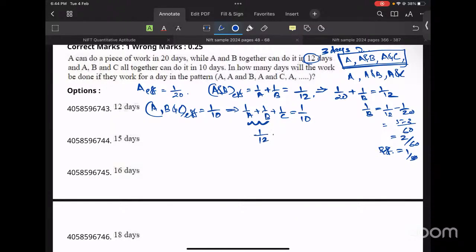Plus 1 by C equals 1 by 10. So from here, you can solve for 1 by C. That is 1 by 10 minus 1 by 12. LCM of 60, you can take 6 minus 5, 1 by 60. Okay. So efficiency of C we got.